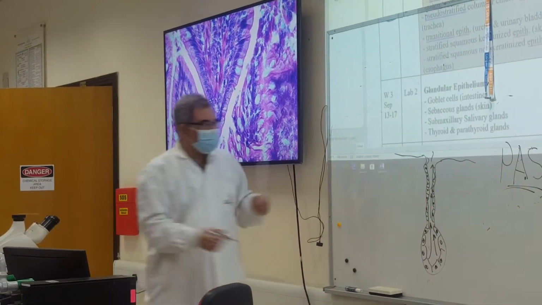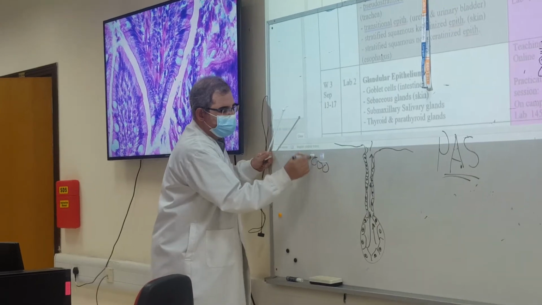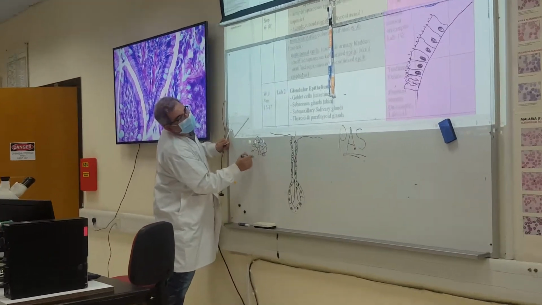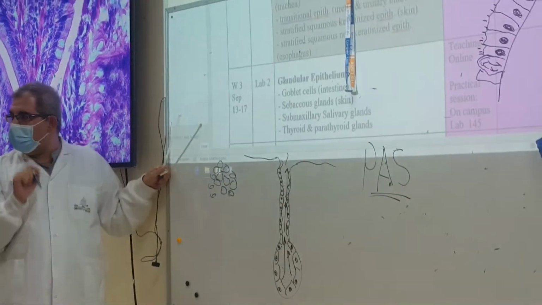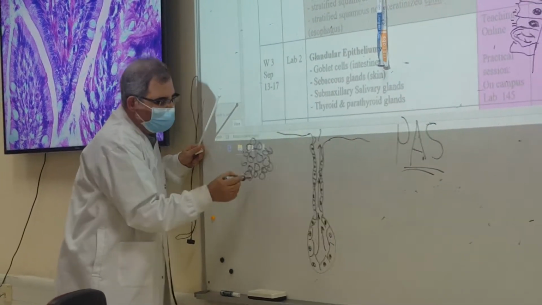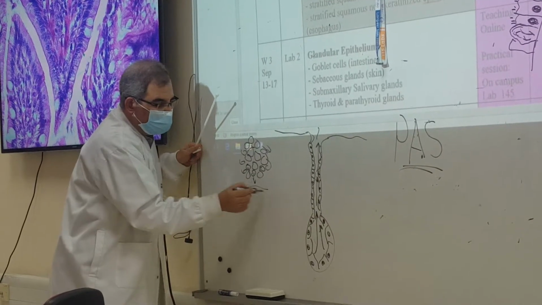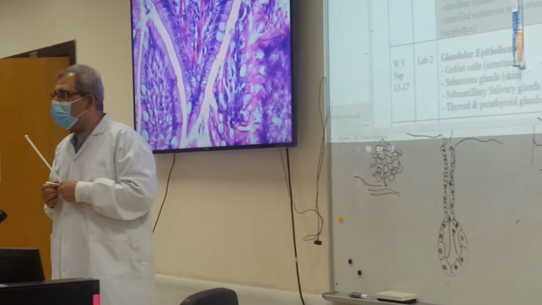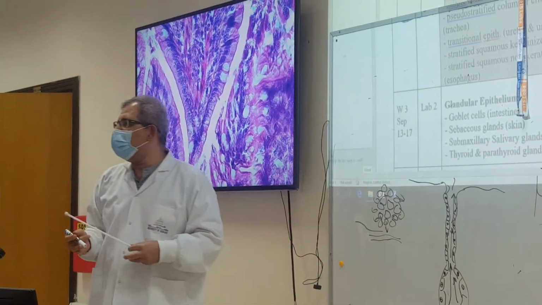Whereas the endocrine are just clusters of cells like this. Maybe you remember last time the thyroid. We will see it again today. There is the parathyroid. These cells all the time, their secretion will go to the blood vessels next to them. So this is related to the glandular epithelium.